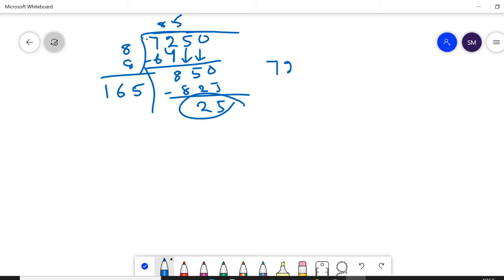If we subtract 25 from 7250, we get 7225. This is a perfect square whose square root is 85.